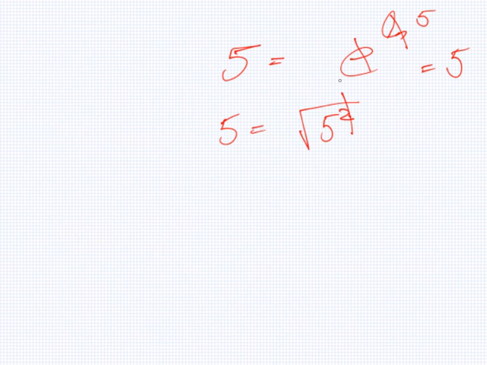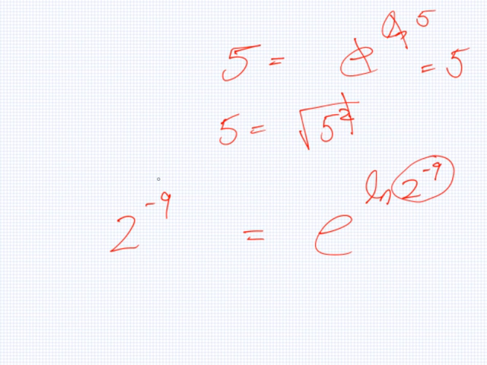They are opposites. So if I have 2 power minus 9, I can write that as e power log 2 to the minus 9. This is just a number, like 5. It's the same idea. Would anybody like me to repeat it for a third time?